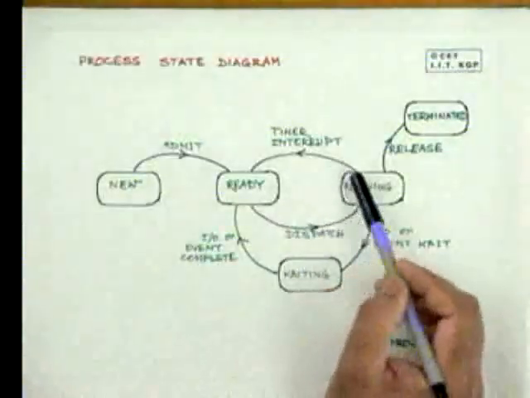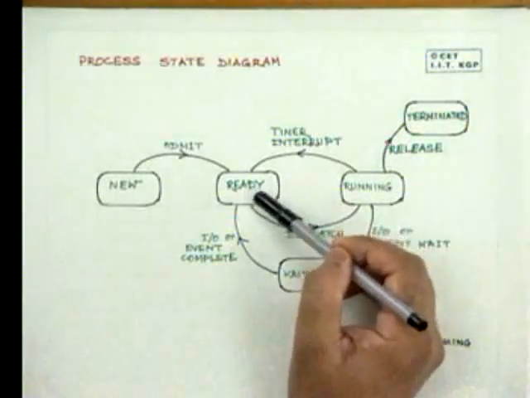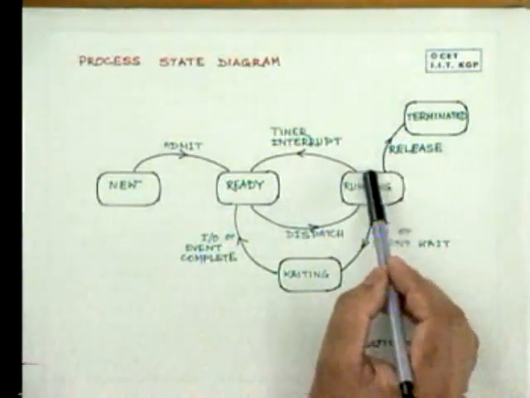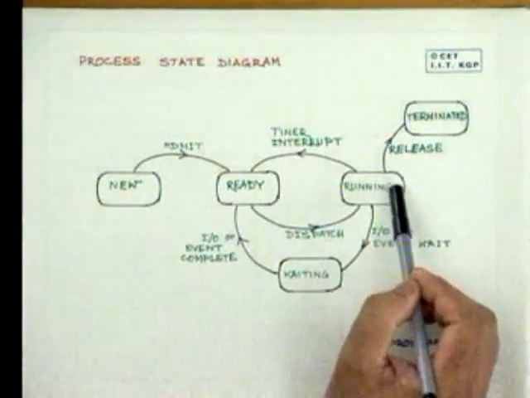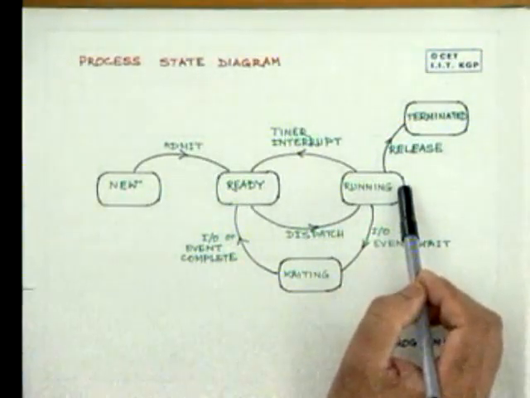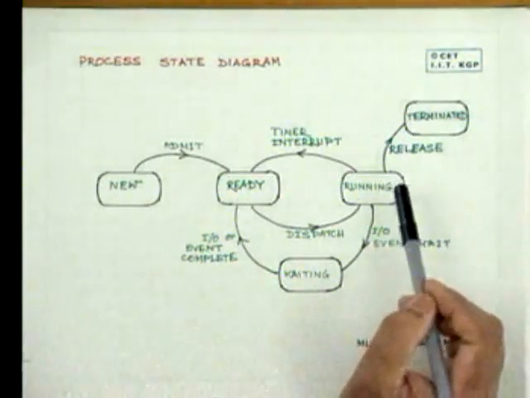Therefore, in such a situation, what generally is done is that when the process is dispatched to the processor, a timer is set that this process should run for a maximum of, say, some milliseconds or some microseconds.